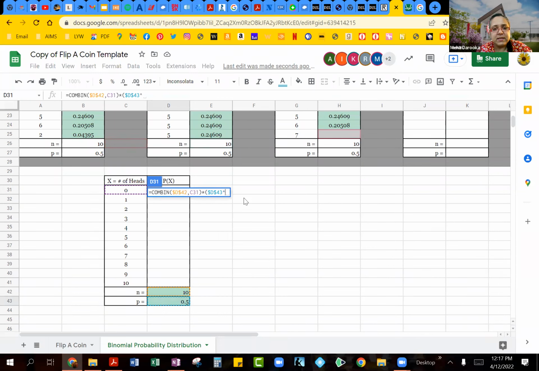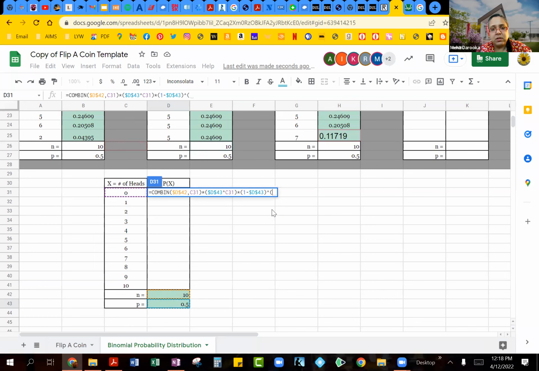We're going to raise this to number of heads again, and then multiply it once more with 1 minus our probability, and then again raise it to 10 minus our heads. Okay, so that's our combination, P to the X, 1 minus P, N minus X.